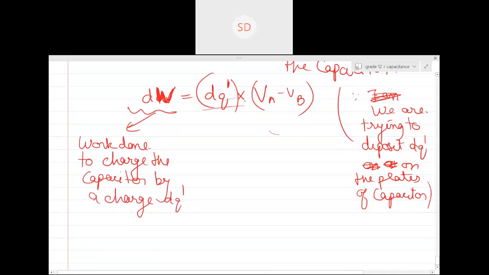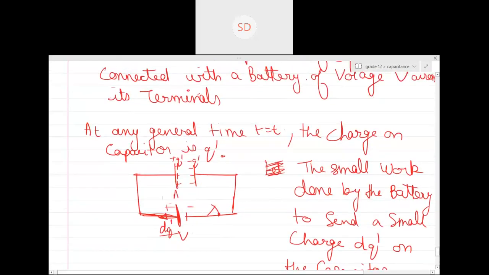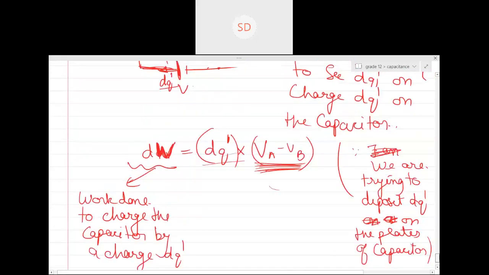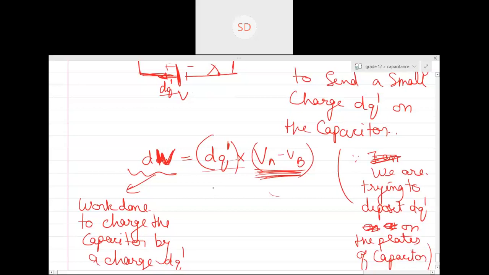That is why we are including the potential difference across the terminals of the capacitor, not the battery, because later on you will find that whatever work the battery does, half of the work is dissipated as heat and only half of it is stored as energy. You will learn this after this derivation.